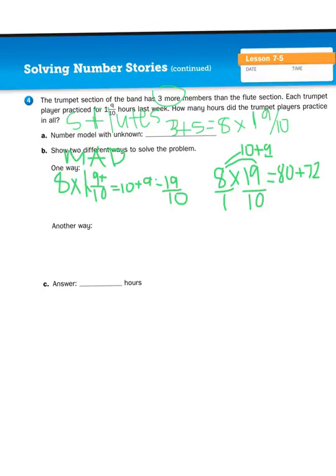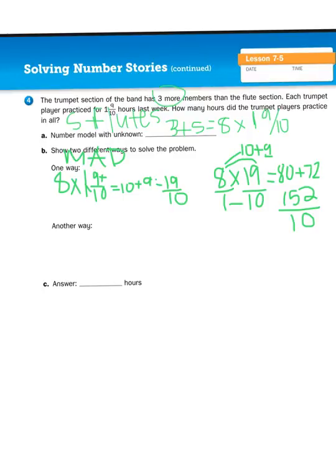I know that would equal 152. And then 1 times 10 just equals 10. Well, again, looking at that, 152/10, I still don't know how many hours that is. So we need to change this back into a mixed number.